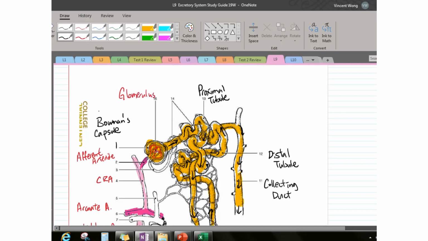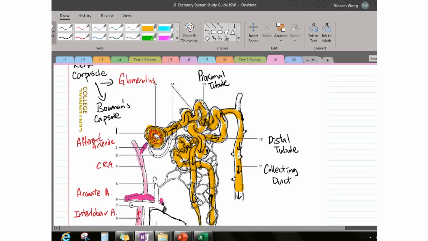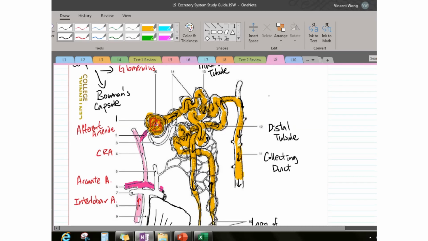And remember, this and this together makes the renal corpuscle, the hot dog that we were talking about earlier. Not everything will be filtered at the glomerulus. You might have just 30% coming out, and the rest of it is going to continue forward.